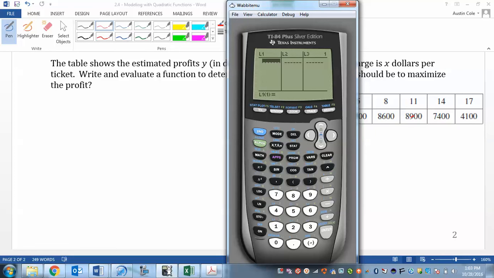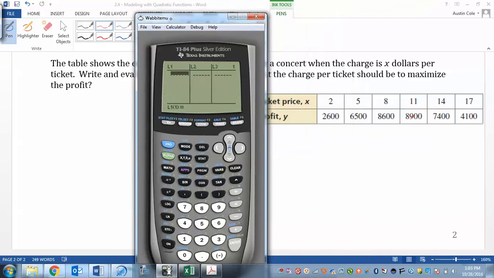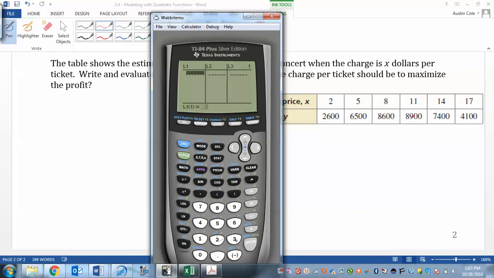So here's what we're going to do. On L1, we're going to put our x's. So I'm going to put 2, enter, 5, enter, 8, enter, 11, enter, 14, enter, 17.